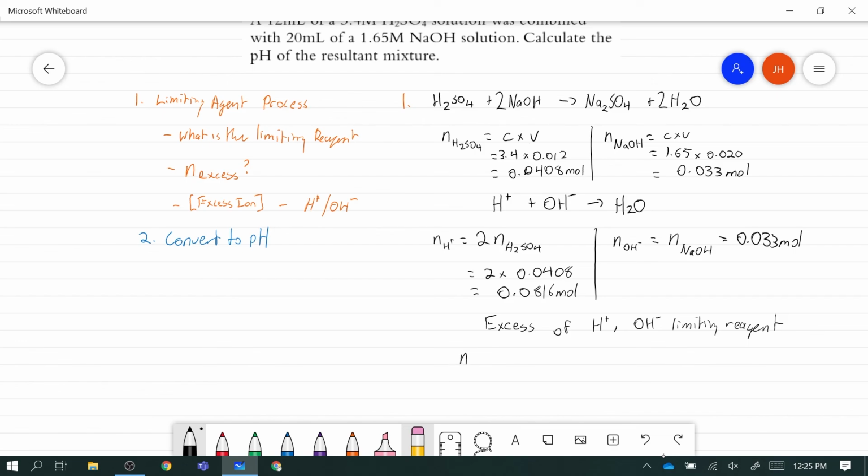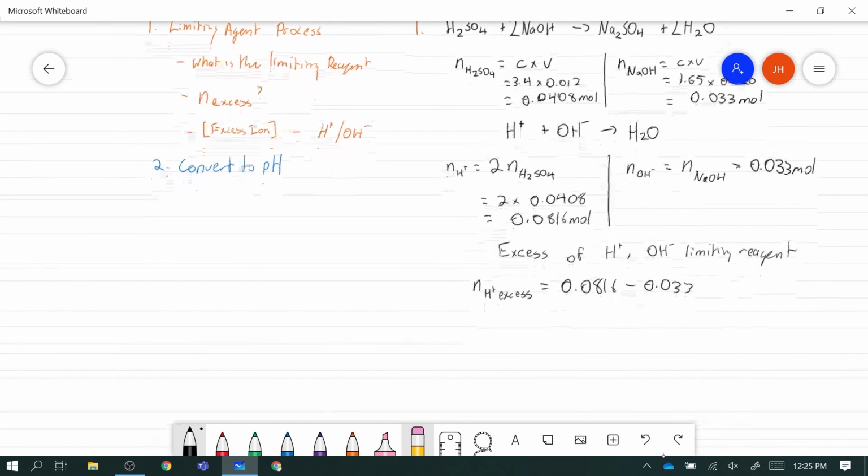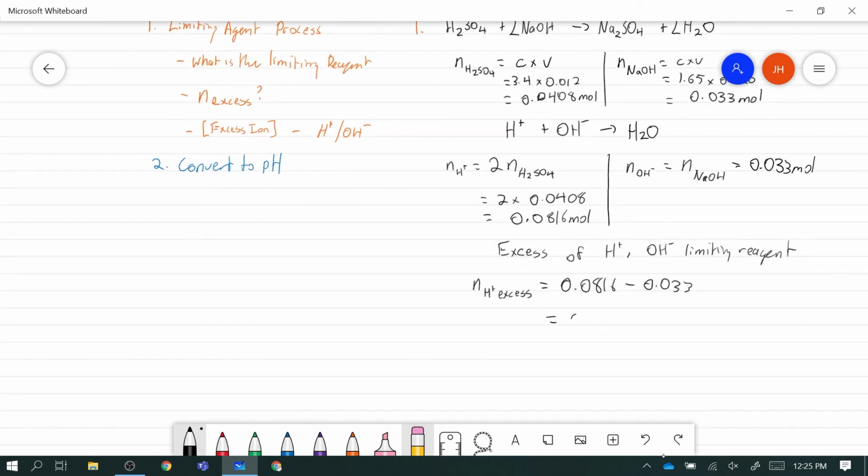So the number of moles of hydrogen ions in excess is going to be equal to 0.0816 minus 0.033. That is equal to 0.0486 moles. And we can take this value forward to determine excess ion concentration and then on to our pH conversion.